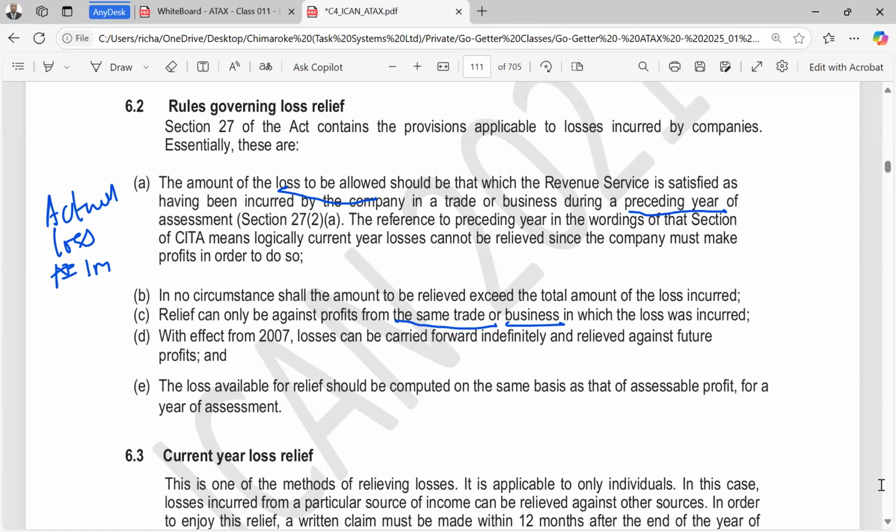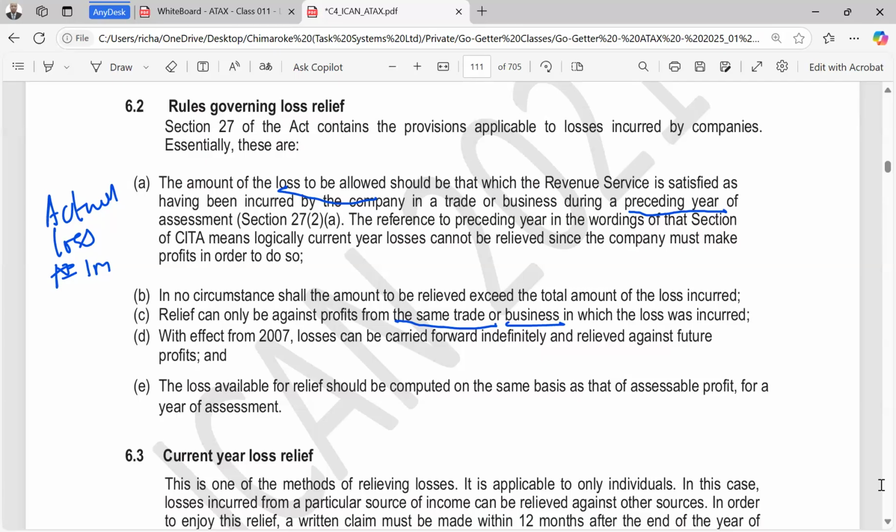It means that maybe you start your business in 2010, you made a loss, you carry it to 2011, made a loss, carry it to 2012, you'll be bringing all your losses, that of 2010, 2011, 2012, all the losses you have been incurring. Maybe the time you made a profit was 2018.